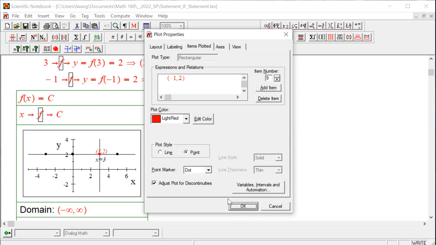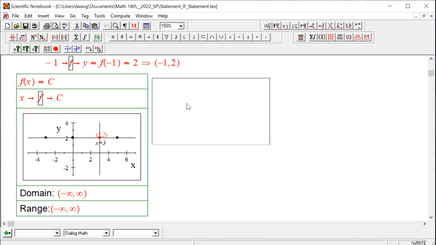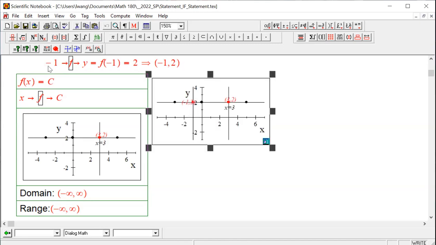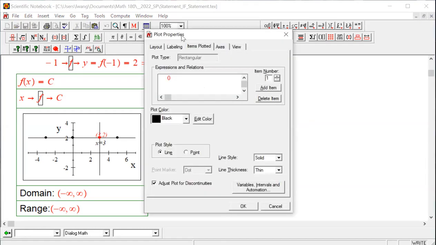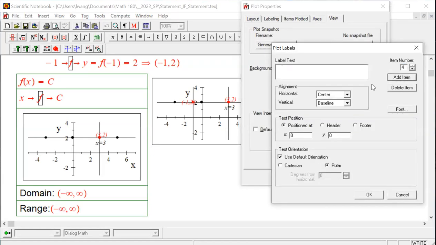You see that point? We got that point from the given input, -1. We draw the vertical line x equals -1, just like what we did with x equals 3. That's what we do.